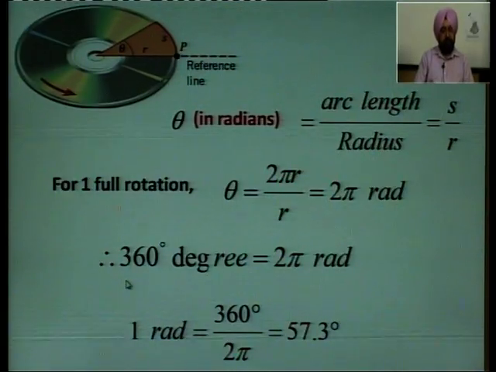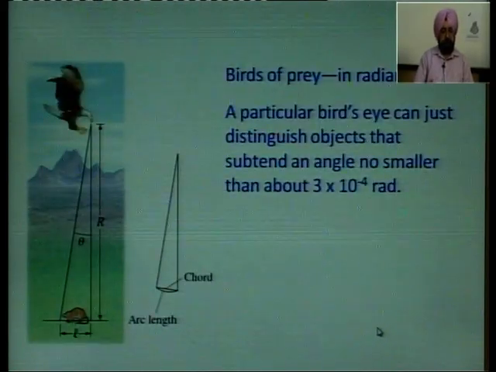This means 360 degrees is equal to 2 pi radians. Then 1 radian will be equal to what? 360 divided by 2 pi. If you calculate it, it will come out to be 57.3 degrees. So, remember 1 radian is equal to 57.3 degrees.